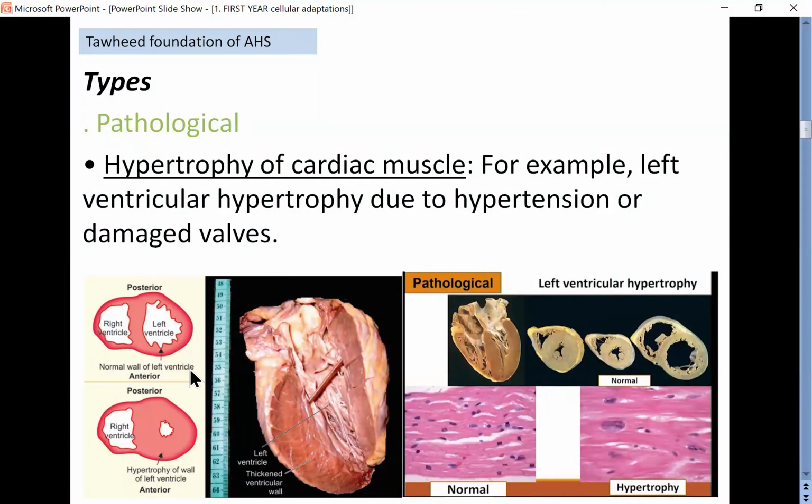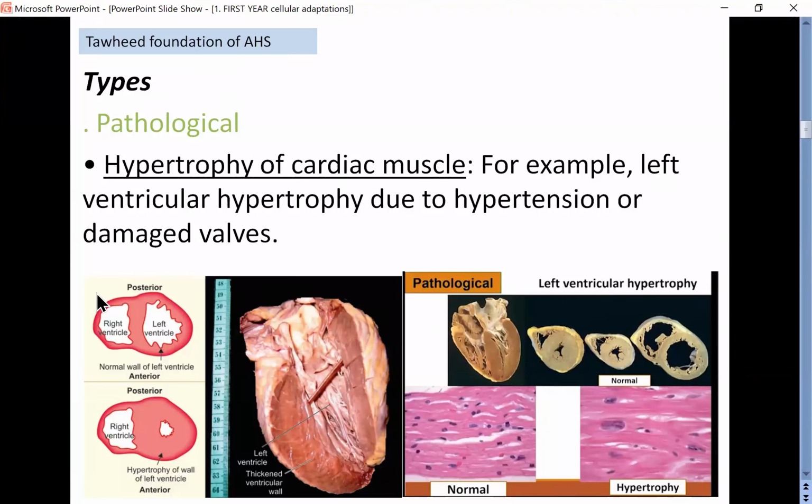So in a person with hypertension, where the blood pressure is high, or the person has a damaged valve, what will happen? The blood pumping capacity of the heart will decrease. But the heart wants to pump out all the blood which is coming inside the ventricle.